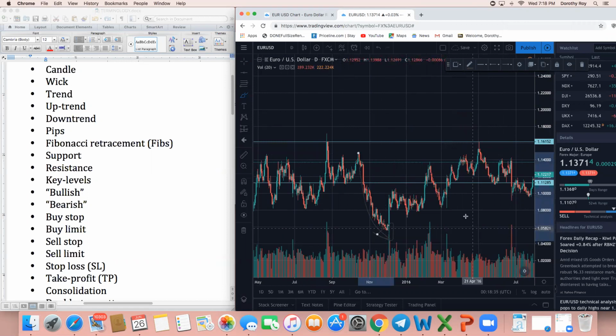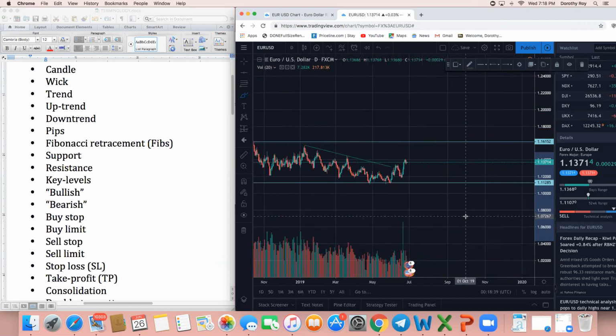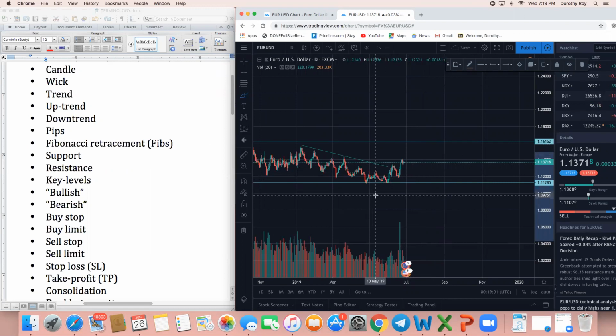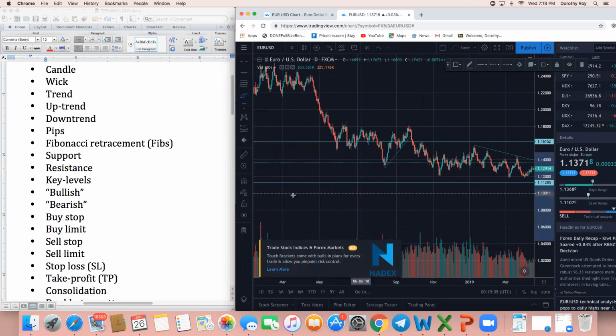I could say we're in an area where I'm thinking the market's going to look bearish at some point, meaning at some point we're probably going to go down. So think of bullish as going up, and bearish as going down.